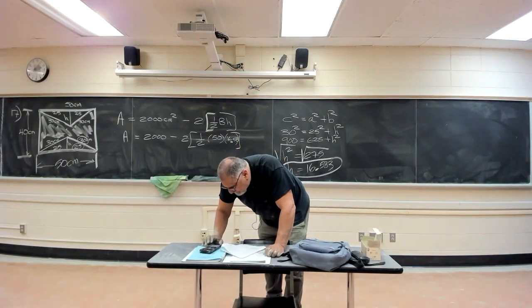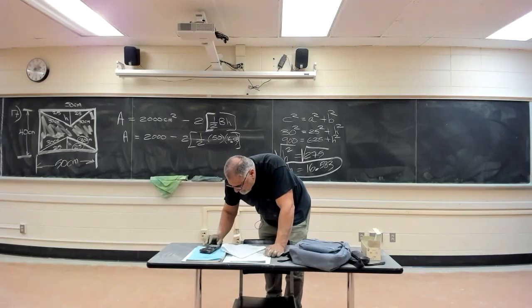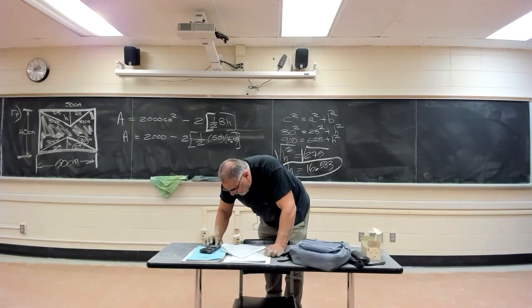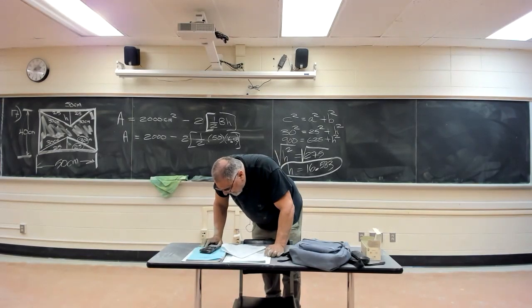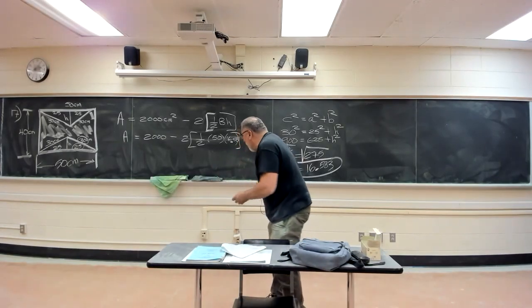So height times base times 0.5. That's the area of one of the triangles. Double the area of one of the triangles to get both of the triangles. That's 829.156. 829.156.